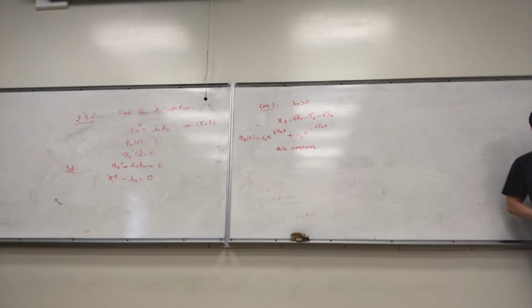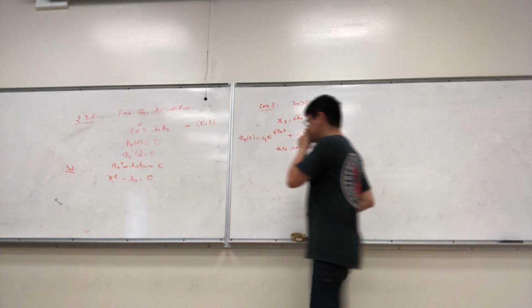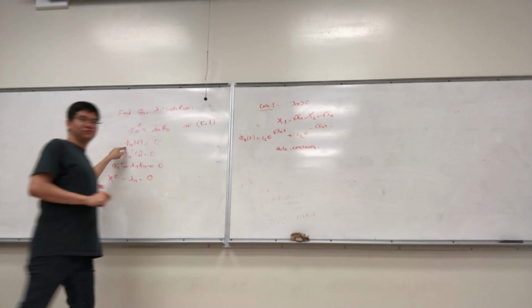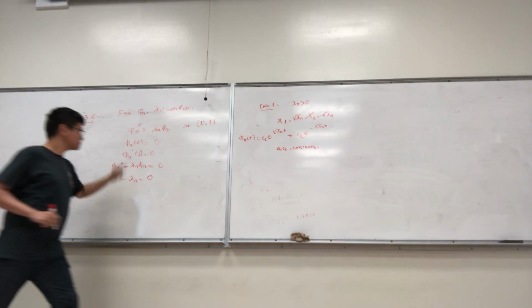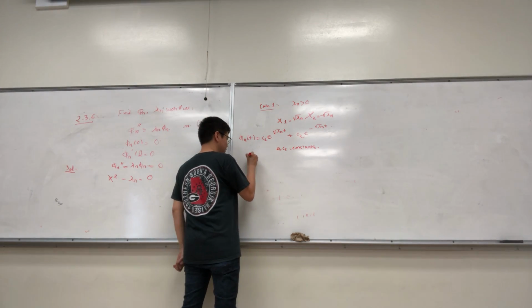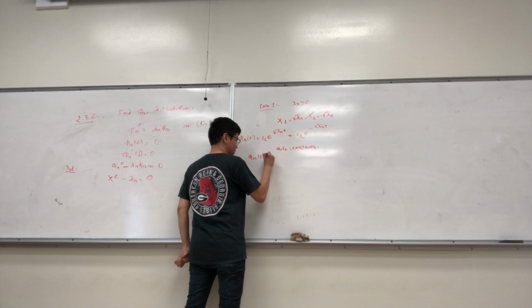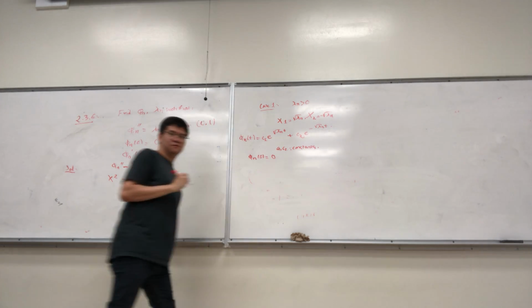So what is the next step? You have to solve for C1 and C2 by plugging in the boundary values. So now we're going to use the boundary condition, right? You have phi n at 0 is going to be 0.